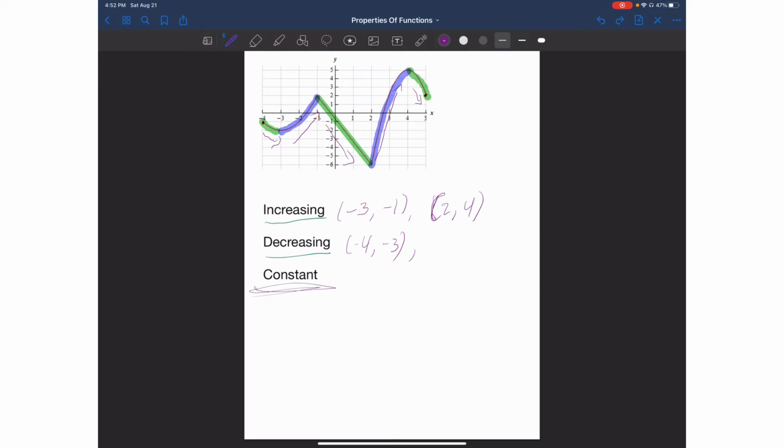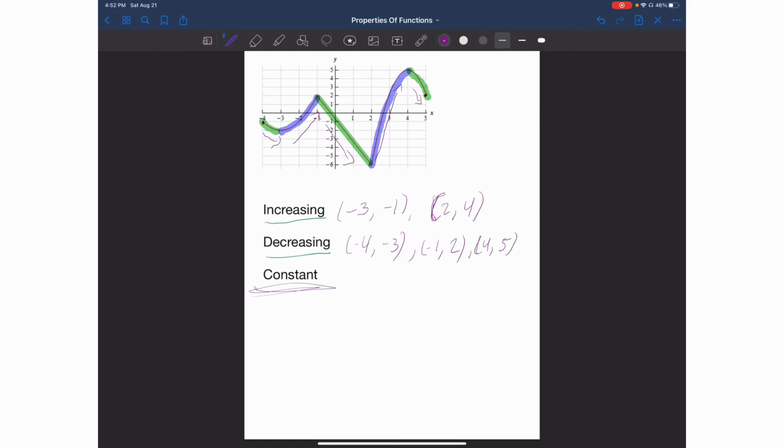So I start decreasing at -1, and then I stop decreasing at x equals 2. And then for the last piece, I start decreasing at 4, and then I stop decreasing at 5.